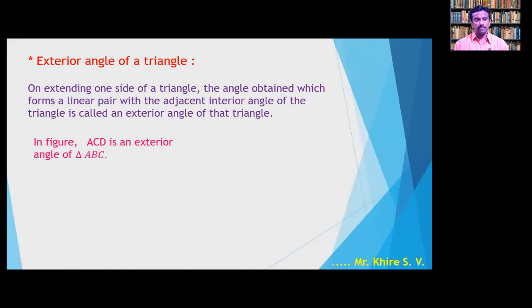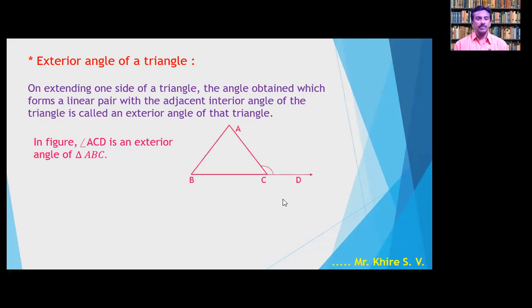On extending one side of a triangle, the angle obtained which forms a linear pair with the adjacent interior angle of the triangle is called an exterior angle of that triangle. Exterior angle means it is outside the triangle, attached to the triangle. A side of the triangle is extended.